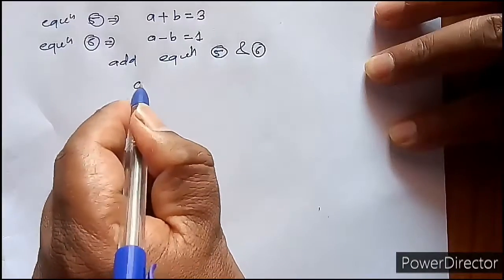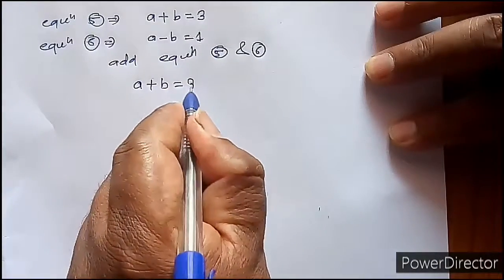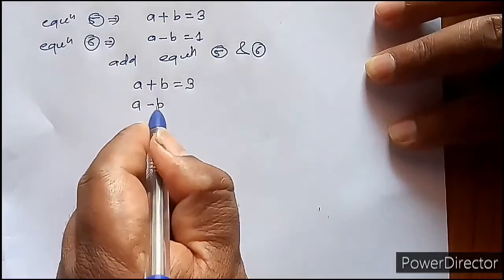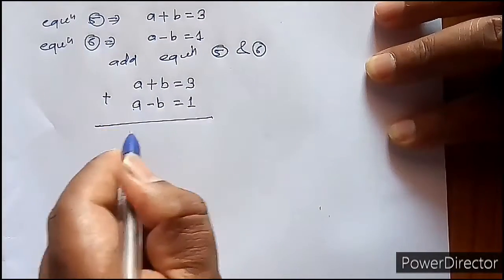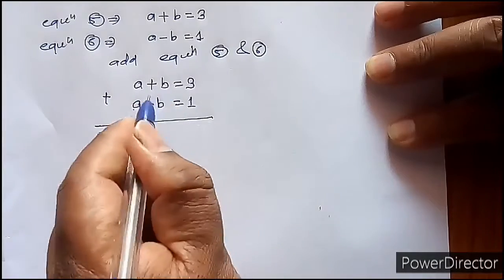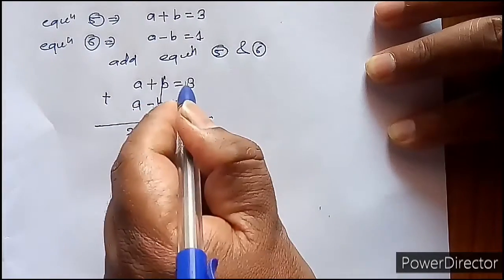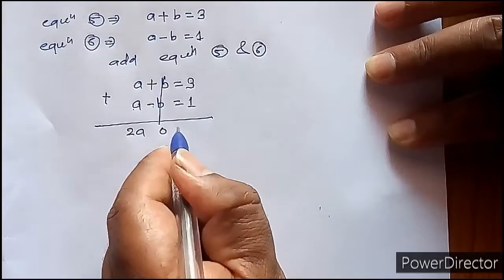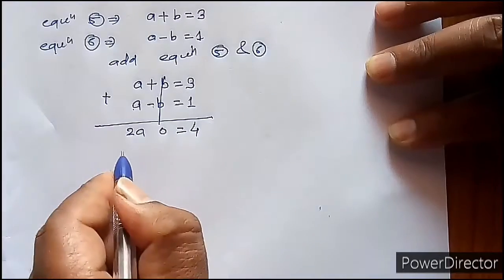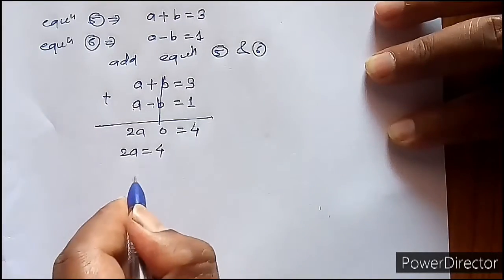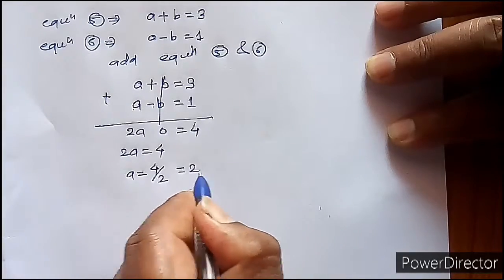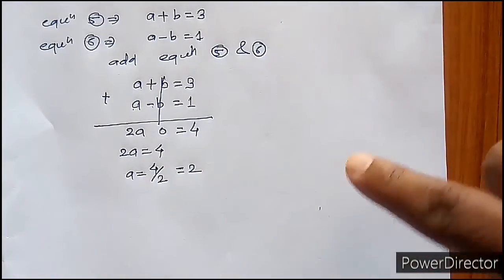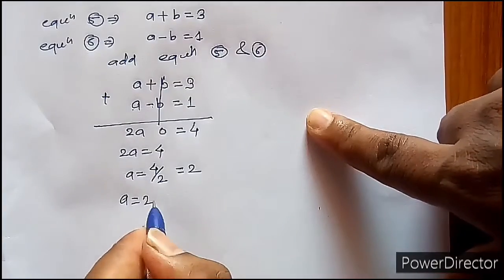By adding we get a plus b equals 3, and a minus b equals 1. These are two equations. Plus sign here: a plus a, that is twice a, b minus b, it will cancel. 3 plus 1 equals 4. We get twice a equals 4. Therefore a equals 4 by 2 equals 2. We get the value of a equals 2.